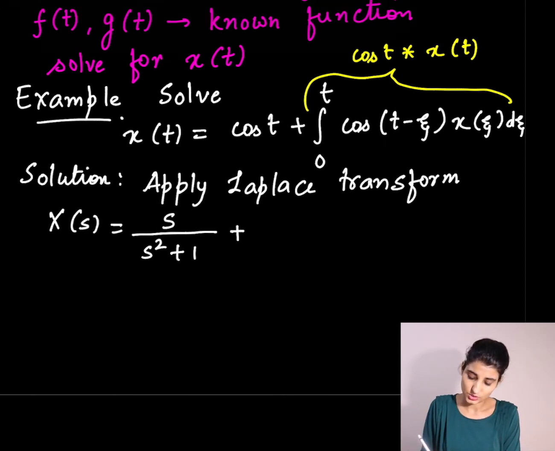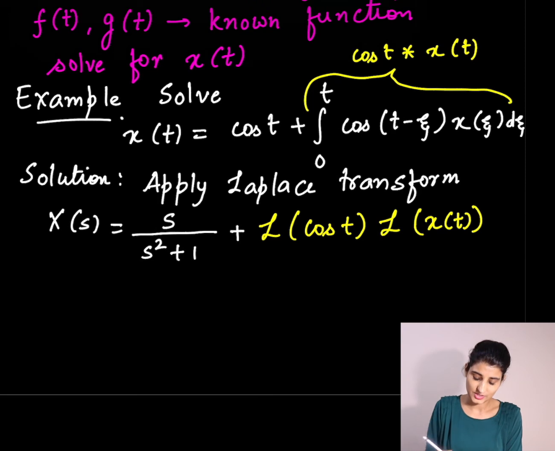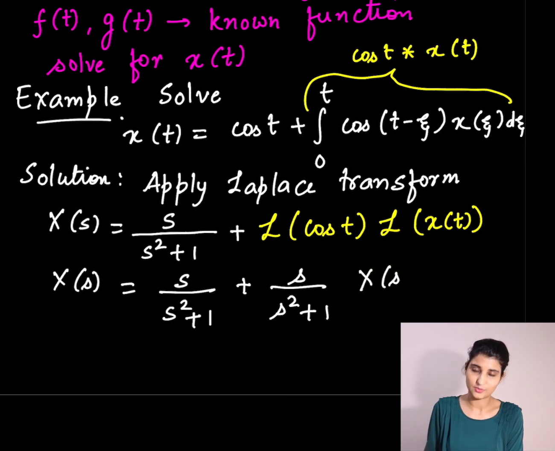So this is going to be the Laplace of the first function, Laplace of cosine t, times the Laplace of x(t). So basically our X(s) is equal to s divided by s square plus 1 plus s divided by s square plus 1 times X(s), where we denote the Laplace of x(t) by X(s).